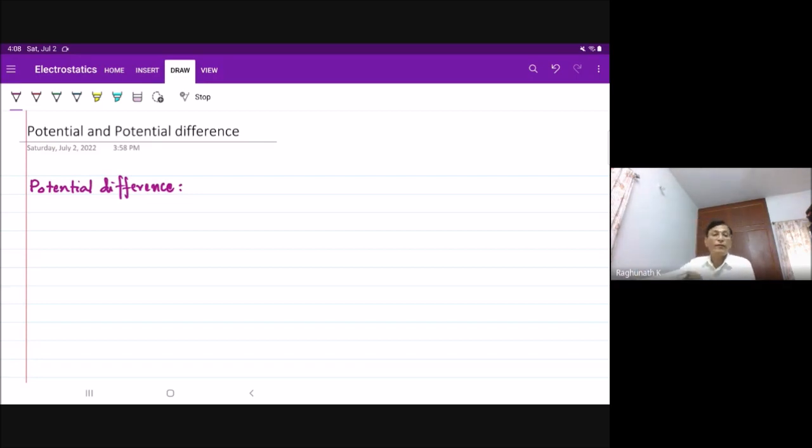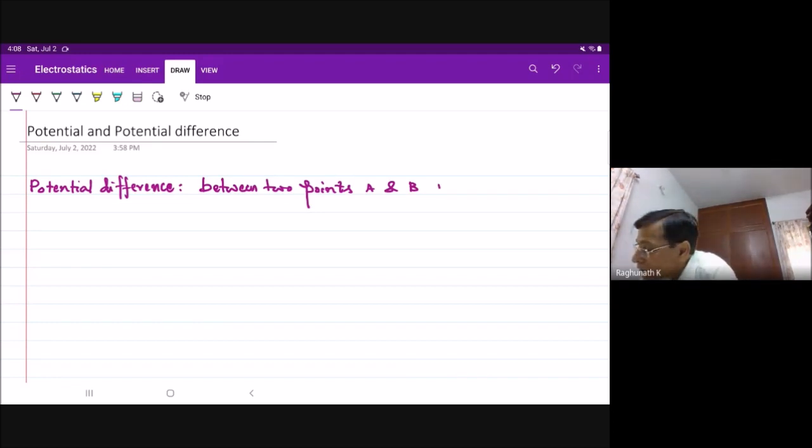In the same way, between 2 points, whenever it is the difference, A and B, in the electric field, described by giving electric field intensity at any point.